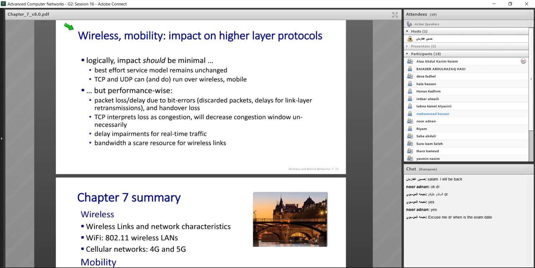Maybe even my handover fails. If I lose the handover process, it means that I will lose the connection. I should start a new connection again in the new network, and maybe it takes some time.